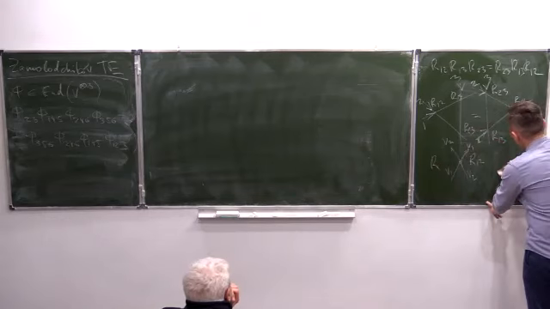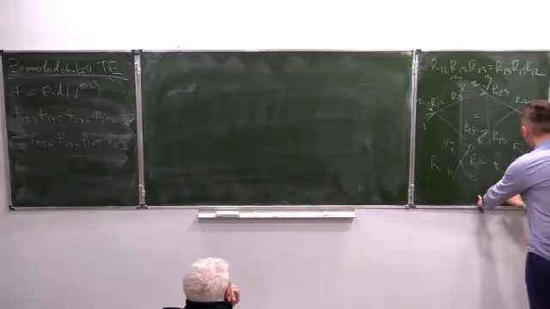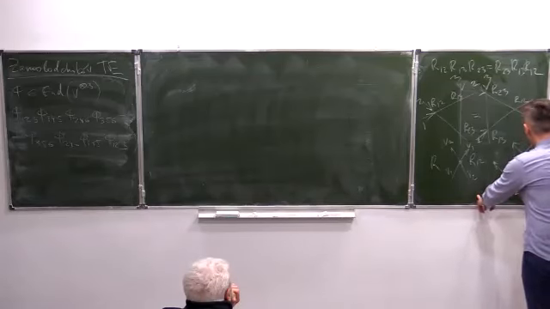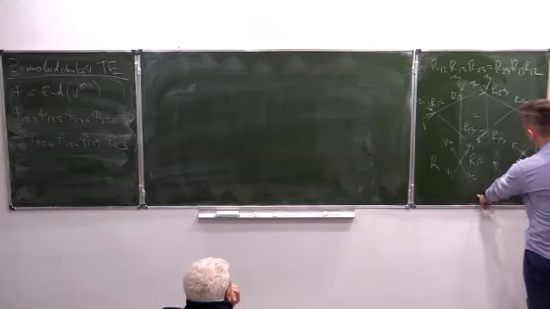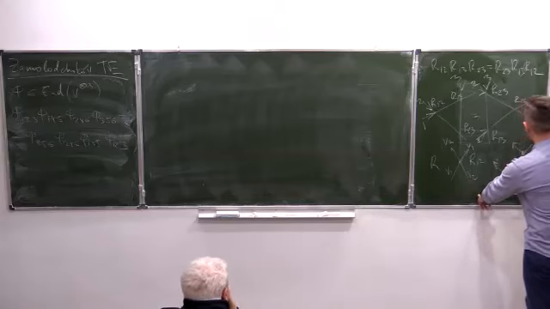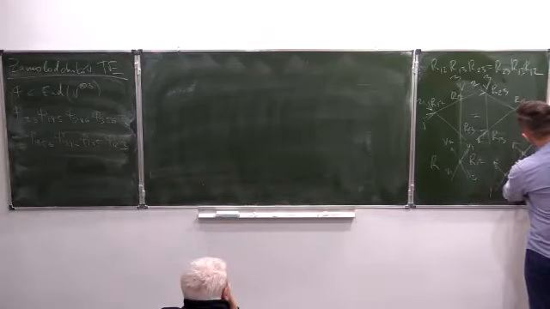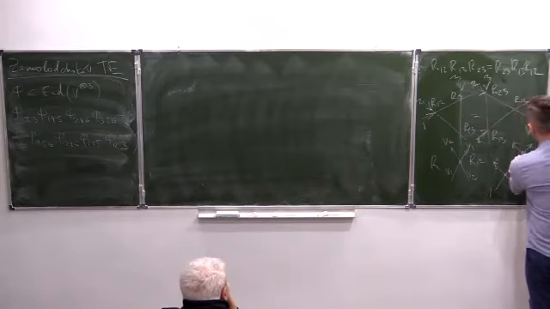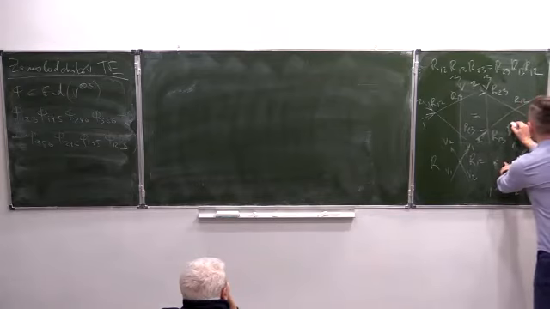So, for example, if we have such a diagram with spaces 1, 2, 3, it corresponds to the product R1,2 first, and then this outgoing edge at this node is incoming for this node, and it means that we can apply R here.